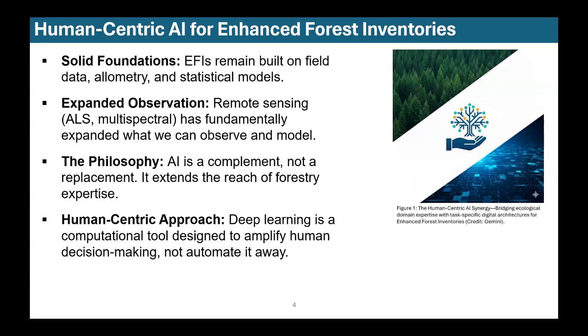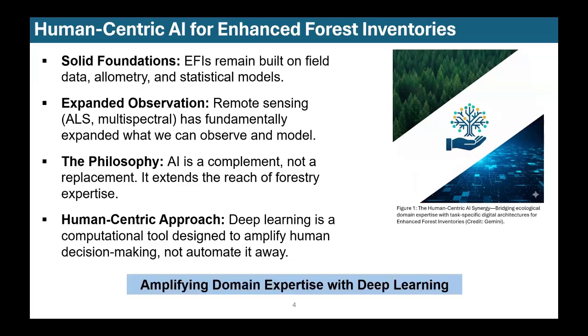Deep learning and AI amplify our decision-making rather than automating it away. From data preparation to model interpretation, human judgment remains the governor of the workflow. To frame our discussion today, we have broken down the AI modeling capabilities into four pillars: predictive, descriptive, prescriptive, and generative.